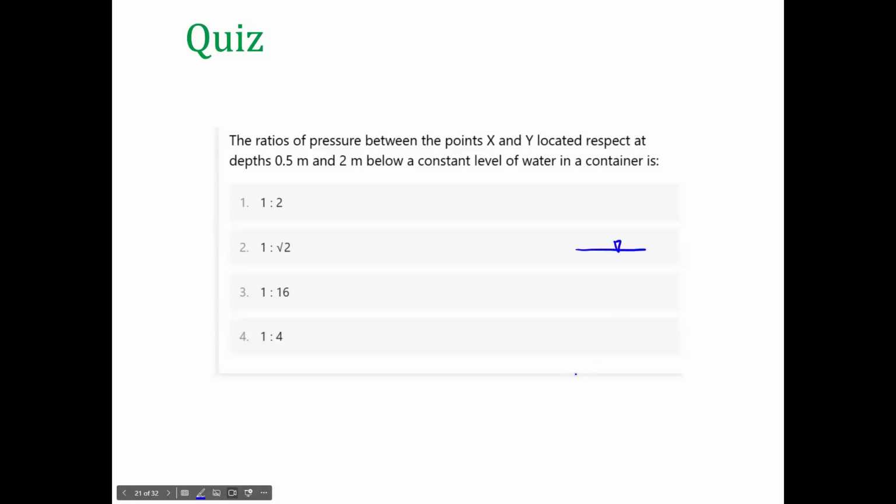So, translating this sentence into a picture, you have a point X here, which is 0.5 below the constant water level. And you have Y here, which is 2 meters. What is the ratio of pressure? So, Px over Py. What's the ratio?